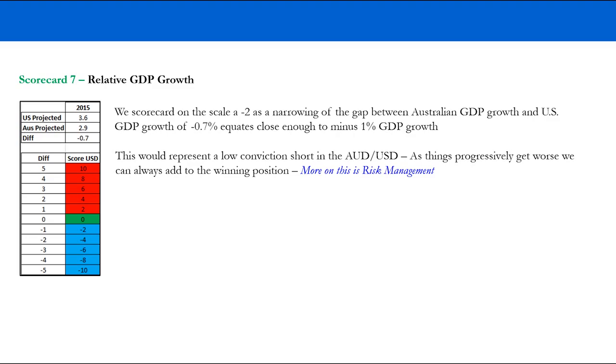We're scoring a deflationary relative situation for Australia, because the real GDP growth in Australia relative to the United States is narrowing, and we've got a minus number. That's deflationary for Australia, and that means we're looking to short or have a short bias in the instrument Aussie dollar, US dollar, because this represents, as an instrument, our relative view on the Australian and US economies.